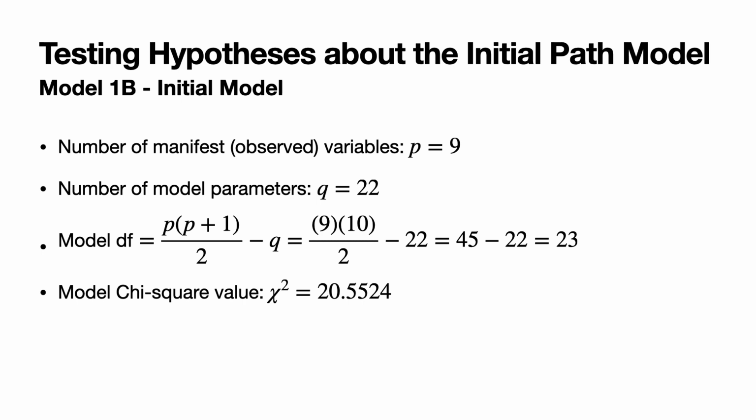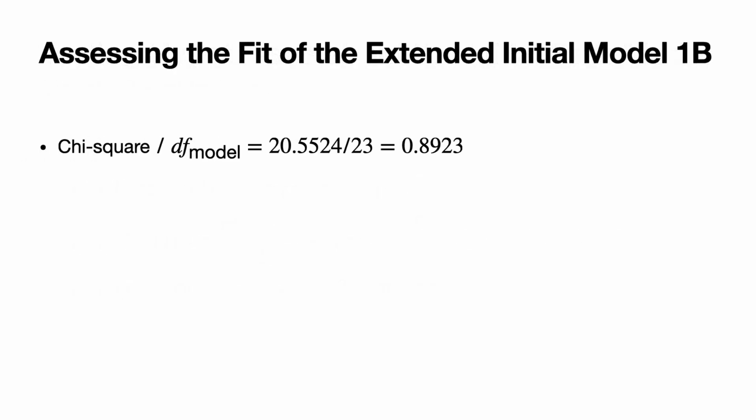When we fit the model, we found that the model chi-square value was 20.5524. And so looking at the ratio of the chi-square statistic to the model degrees of freedom, we see that that ratio is 0.8923.